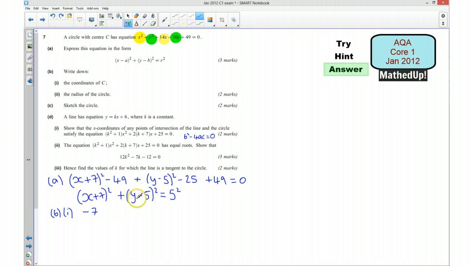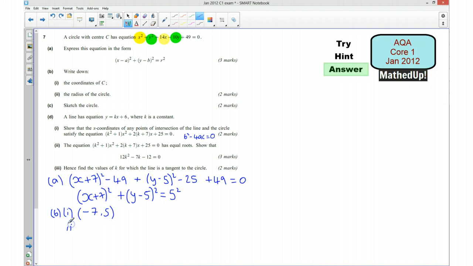And y would have been replaced with y take away 5, so that would tell me that it's a translation in the y direction of positive 5. So that means my coordinates from (0, 0) will have gone to (−7, 5). So that's where the centre of the circle is now going to be.